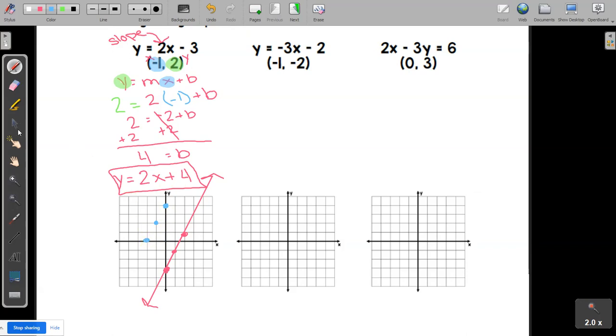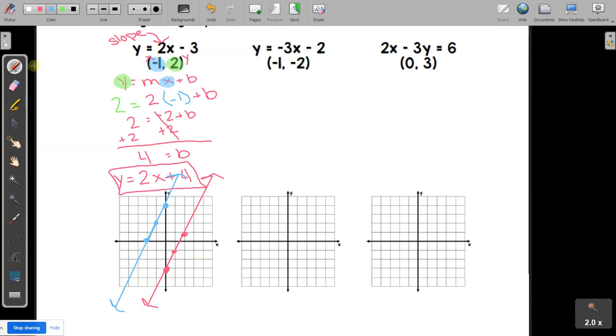Now let's graph it. Add your arrows. And there we go. We graphed our two parallel lines. As you'll see, these lines will never touch.